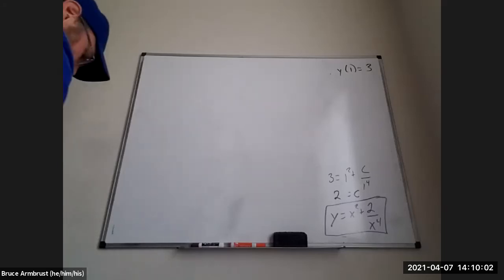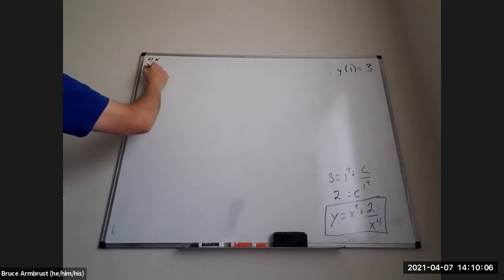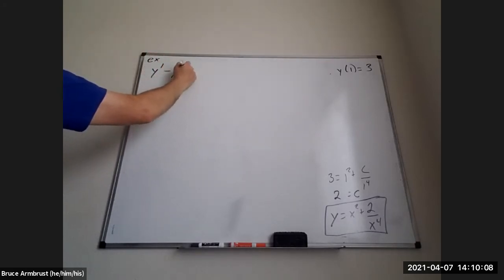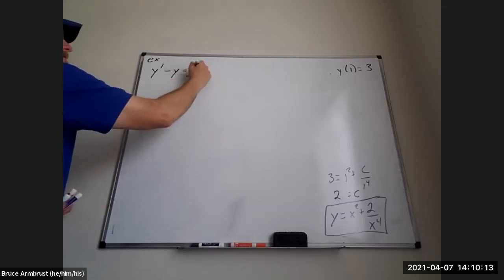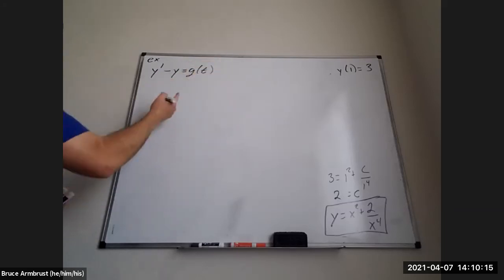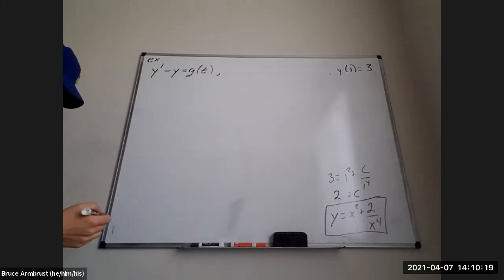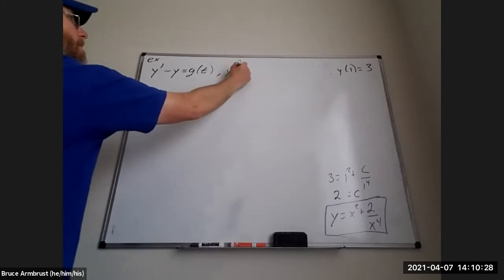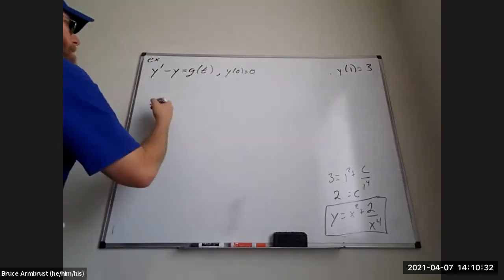Let's say our differential equation is y prime minus y equals g of t. But actually, let me give you the initial value while I'm at it. We're going to have that y of 0 is equal to 0. So we know that our function goes through the origin.